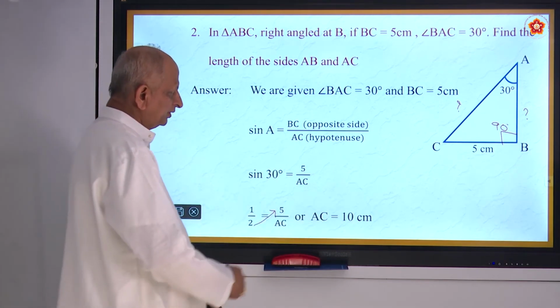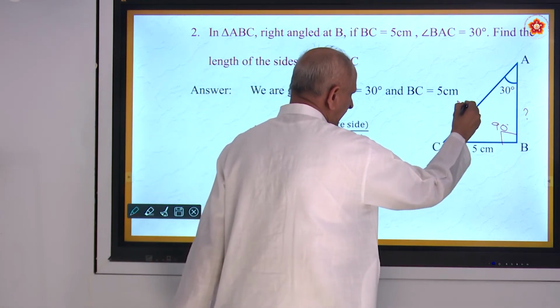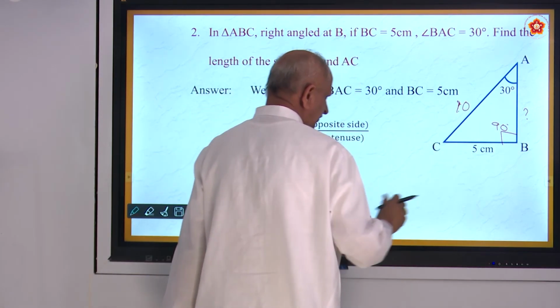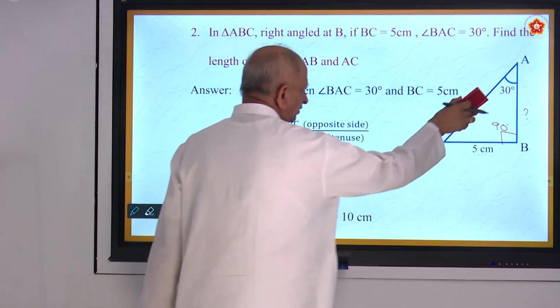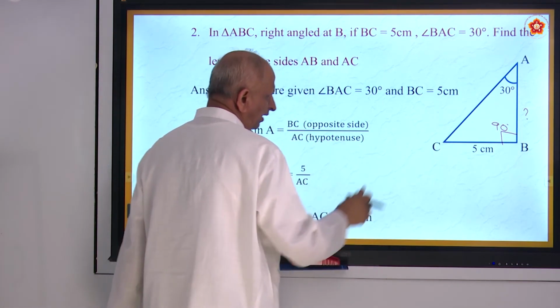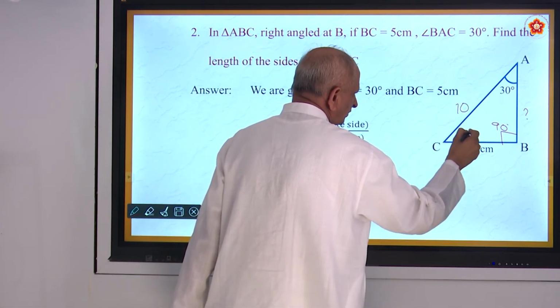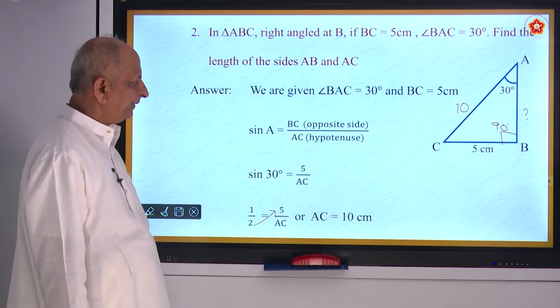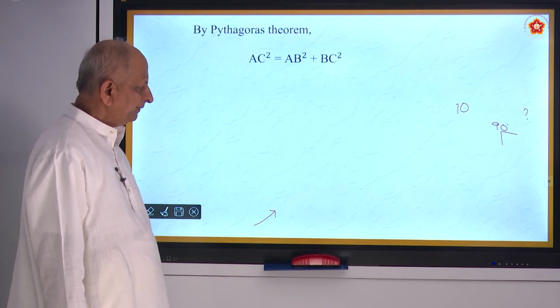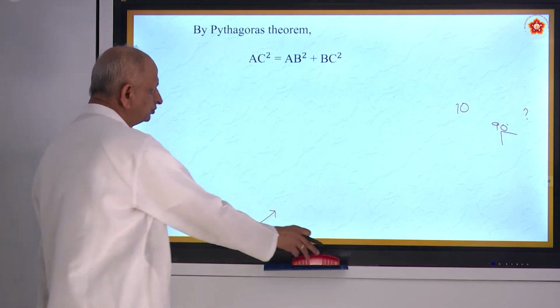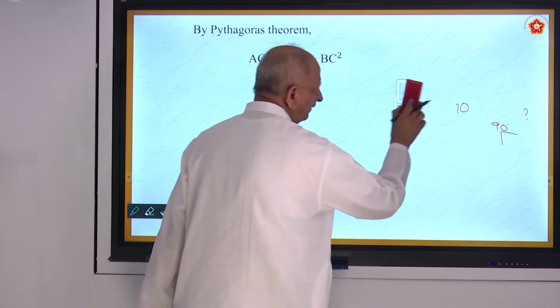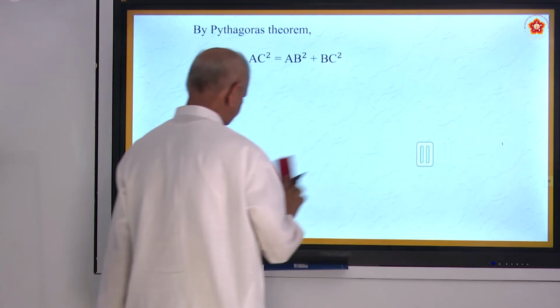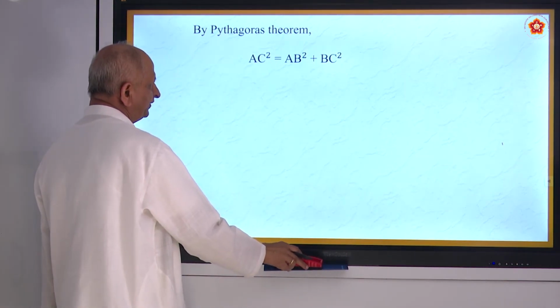centimeters. So if you know this AC as 10, this is 10 centimeters. If you know this value as 10 here, 10 and 5 you can use and find out AB. So by using Pythagoras theorem, AC square is equal to AB square plus BC square.